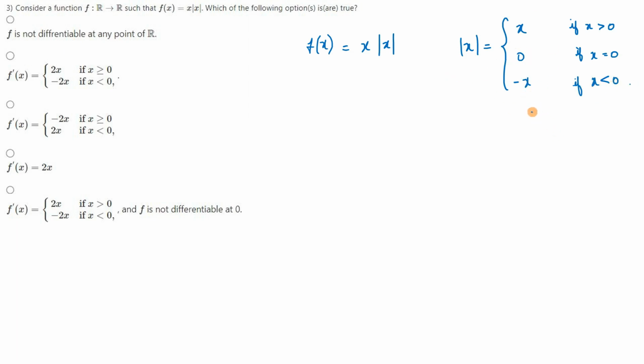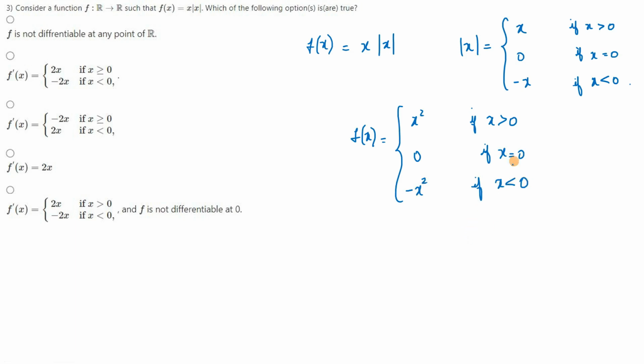So what will be mod x into x? Now f of x we can write as x into x, that is x square if x is greater than 0, it will be 0 if x is equal to 0, and minus x square if x is less than 0.